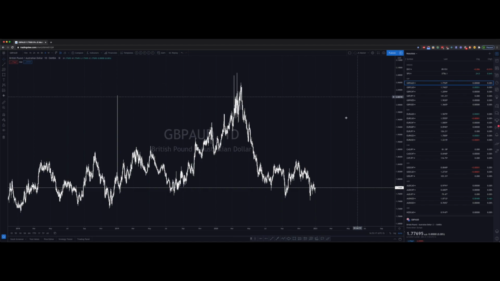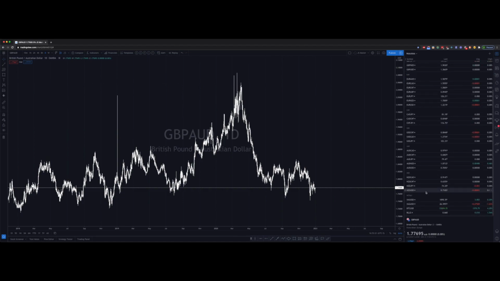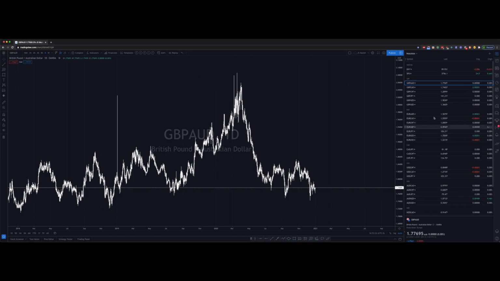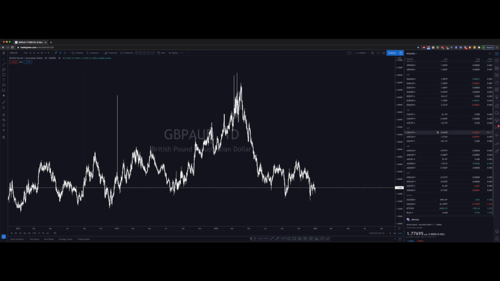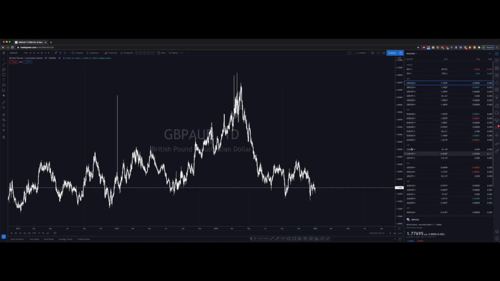So I've got my pairs. I trade all the majors, across all the majors. So I've got my GBPs, my euros, CADs, USDs, AUDs, and NZDs. I don't really trade metals, but I like to track them because I'm interested in them.